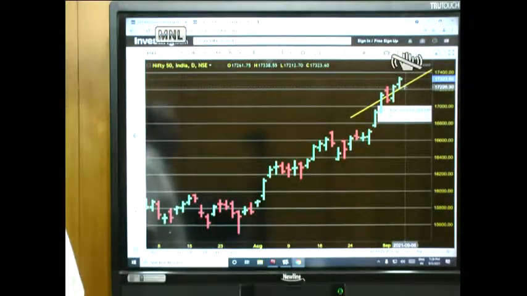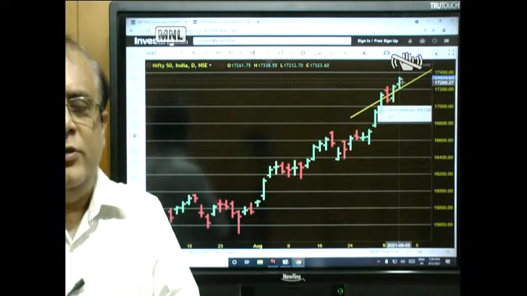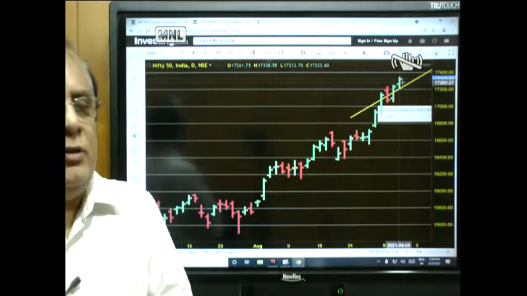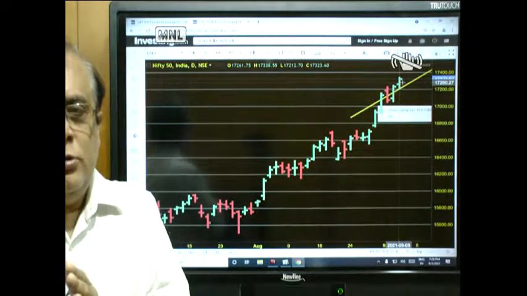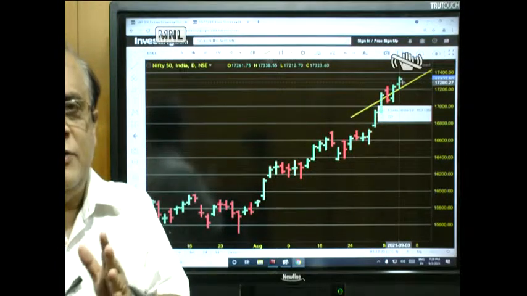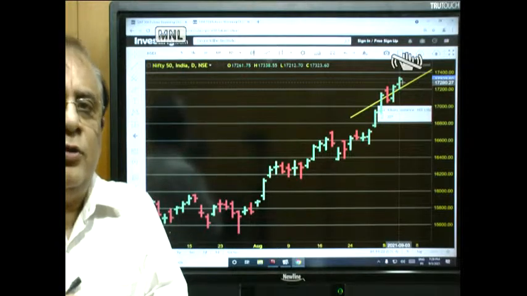On the upside, since 17,338 was there, you add another 42 points, and 17,380 could be an important resistance level. So the indication for us is the range could be 17,250 to 17,380.